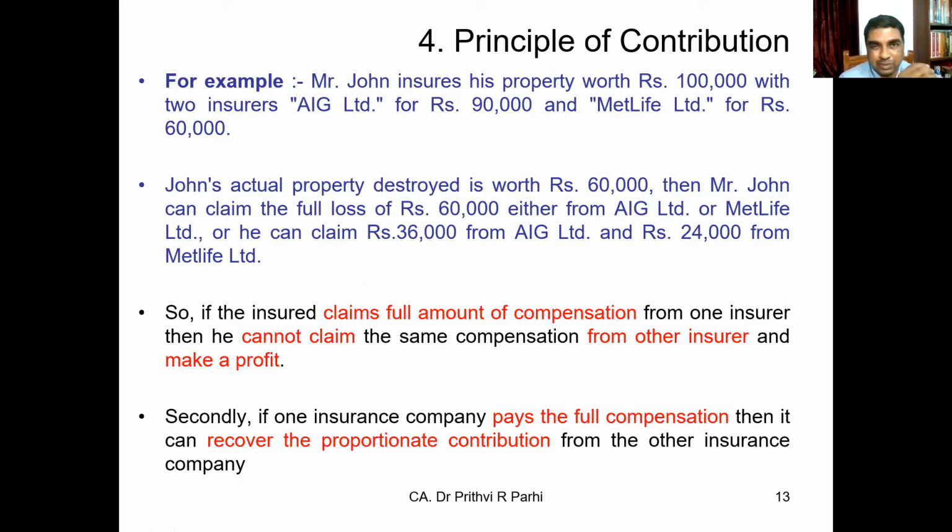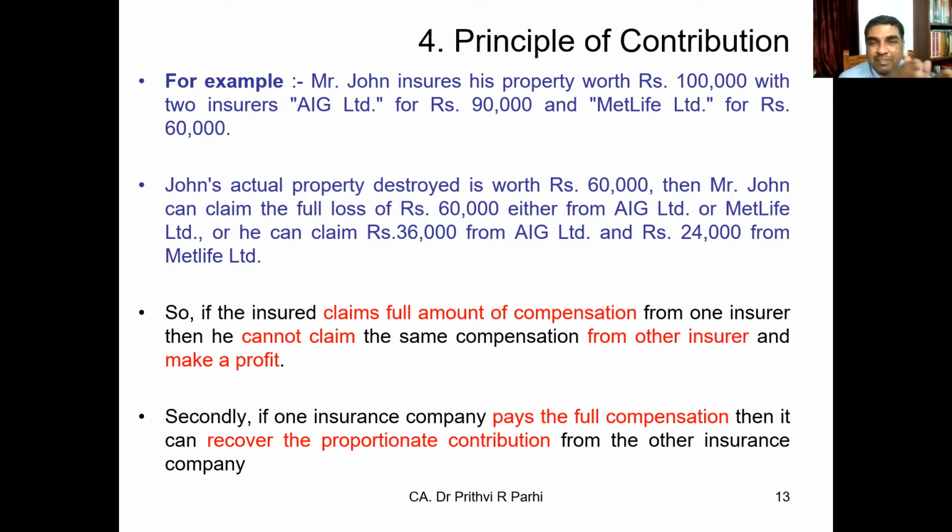Right? Suppose somebody has taken a property insurance of 1 lakh rupees from one company, let us say Tata AIG. And from another company, you can take any example. Two policies are taken from two different companies, let us say company A and company B. Let us say insurance coverage is 1 lakh rupees and the loss is 60,000 rupees.